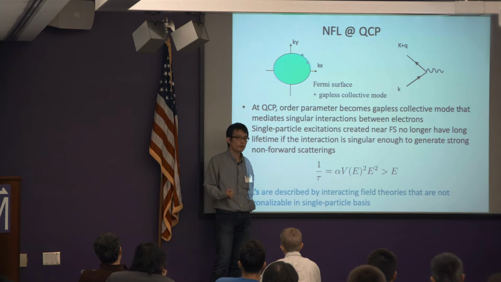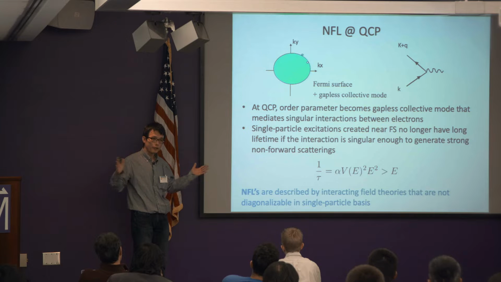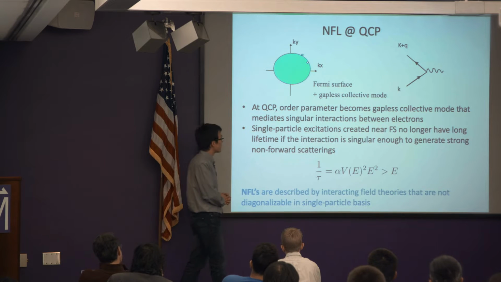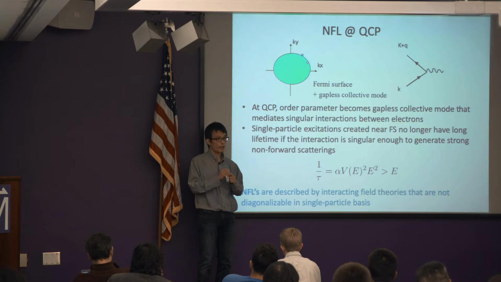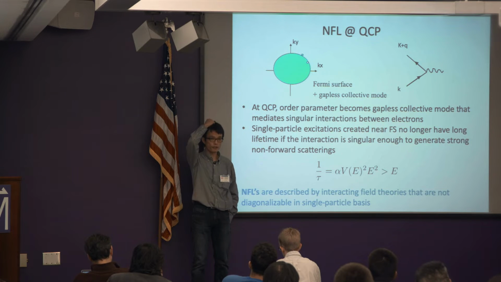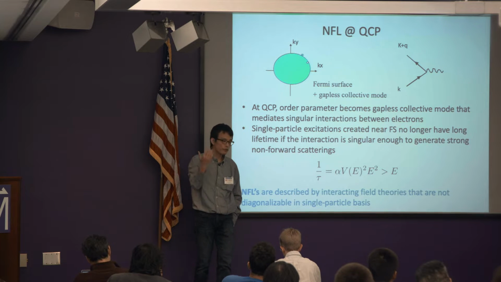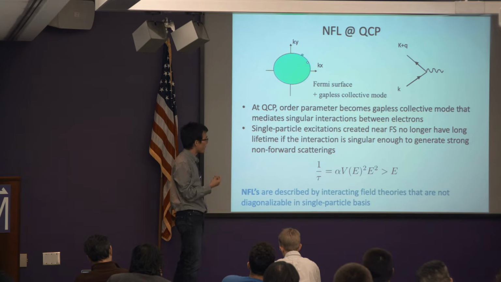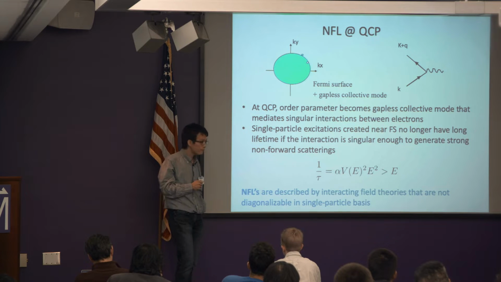Although there is no symmetry breaking, it is still dynamically fluctuating, and those fluctuating order parameters can mediate long-range interactions between electrons. And long-range interactions in real space correspond to singular interactions in momentum or energy space.